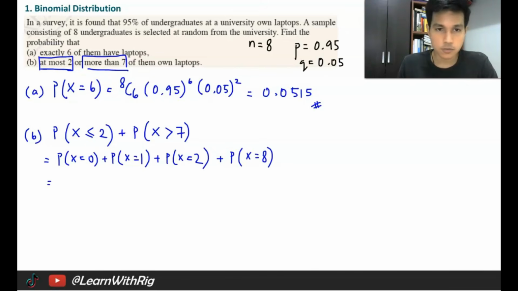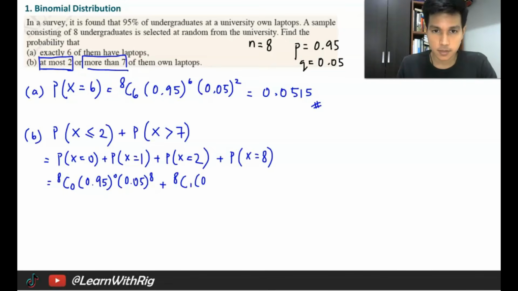So you just key in straight into your calculator, you get 8 choose 0, 0.95 power 0 times 0.05 power 8. Okay, the second one, when x equals 1, you get 8 choose 1, 0.95 power 1, 0.05 power 7.